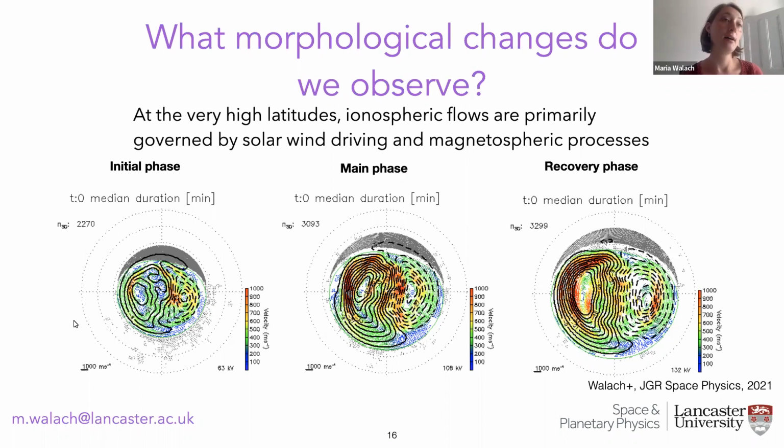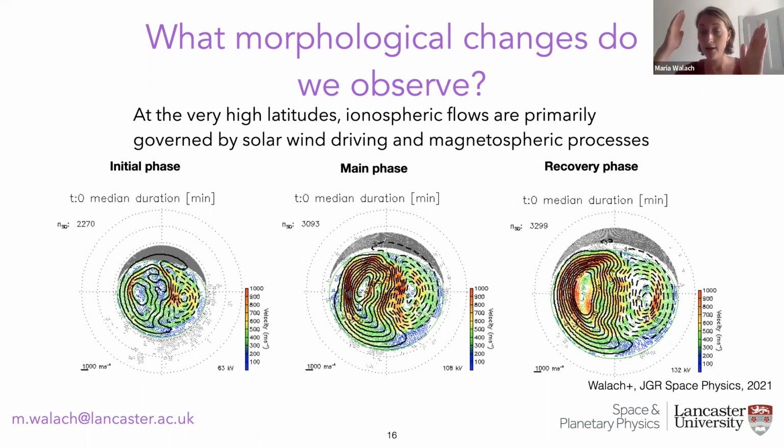In the initial phase, you can see our pattern is very small. We have a lot of observations because we've taken all the storms and put them together, but most importantly, we don't have a lot going on here. This is very similar to what we would expect during normal times. Then we move to the main phase, and suddenly things have kicked off.